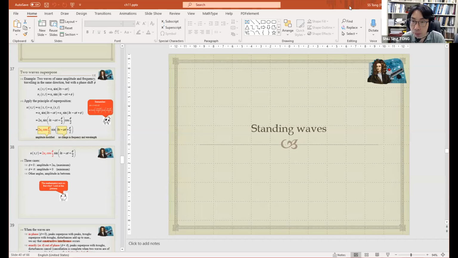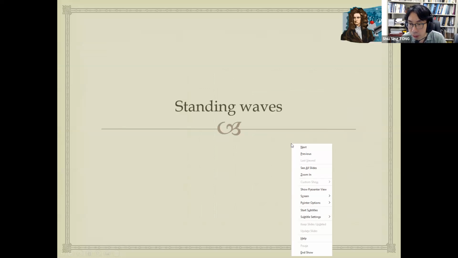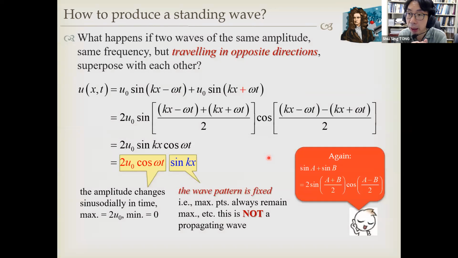Now we are going to consider another situation, and that is the problem of standing waves. We still want to consider two waves of the same amplitude, same wavelength, and same frequency, but they are now traveling in opposite directions. So for the first wave, we have the factor sine of kx minus omega t.